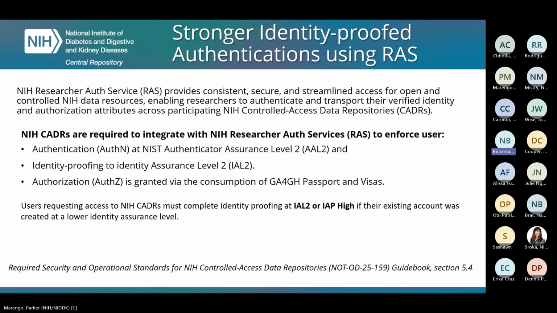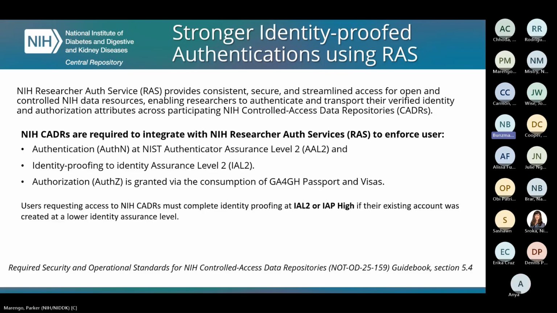The CATERs are, of course, controlled access data repositories, and because of the initiative, the requirements from OCIO are to have an authenticator assurance level of 2, and identity proofing to identity assurance level 2. AAL2 and IAL2 is what those are, and AAL2 is multi-factor. The authorization piece is granted via the consumption of GA4GH passport and visas.